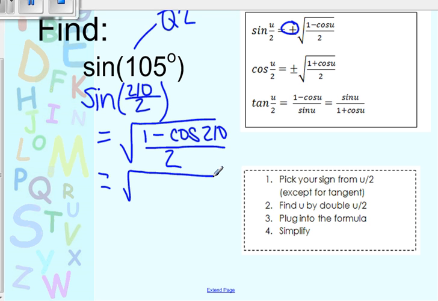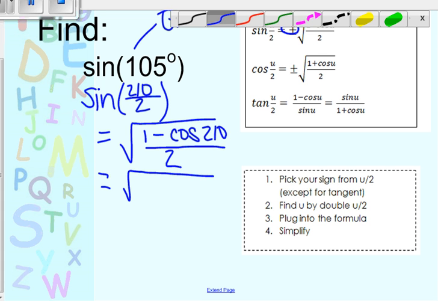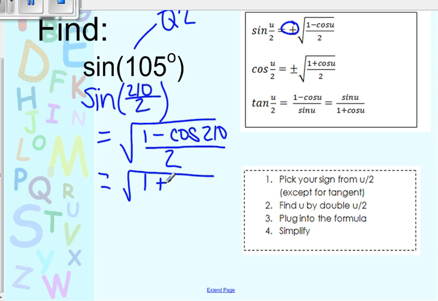So I know that minus there is actually going to end up being a plus sign because a negative times a negative is a positive, so it's going to be 1 plus, and then cosine at 210 is going to be the square root of 3 over 2. Again, it was negative, so I made it positive because it was a negative times a negative, divided by 2.